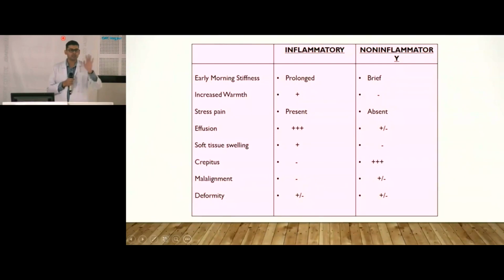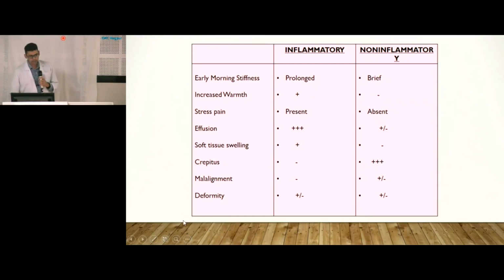While in patients with inflammatory arthritis, since it is the effusion, the joint fluid present inside, this crepitus won't be there. The amount of apposition required is not happening in inflammatory arthritis. So crepitus is a very important differentiating feature between inflammatory and non-inflammatory arthritis.